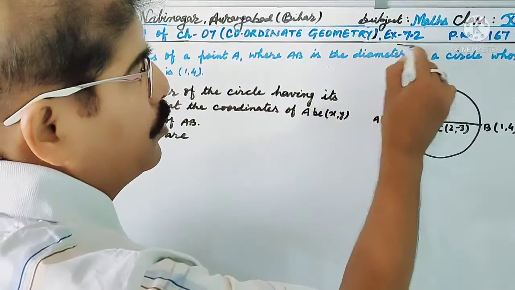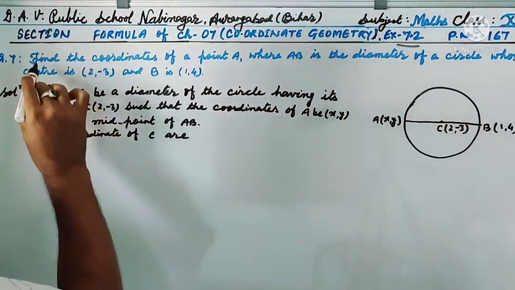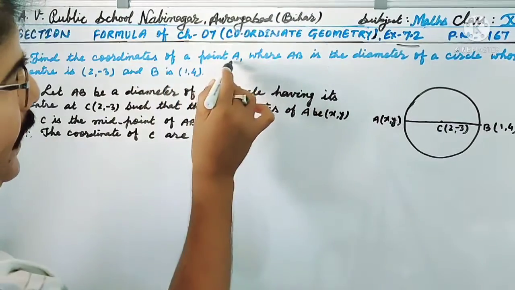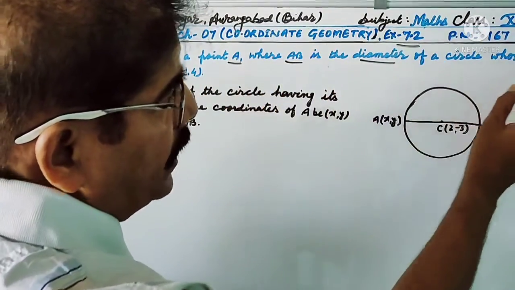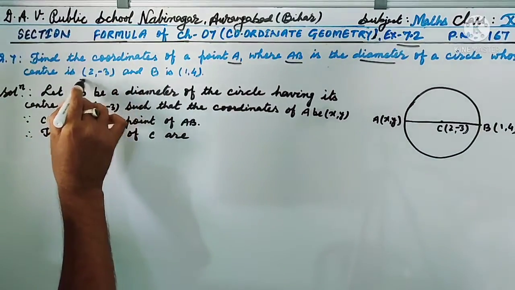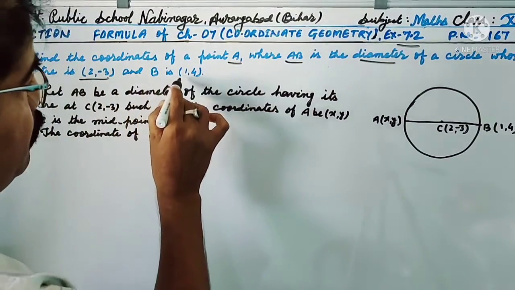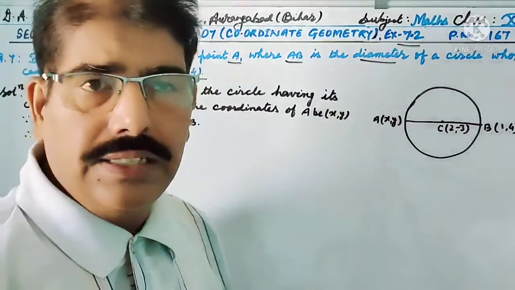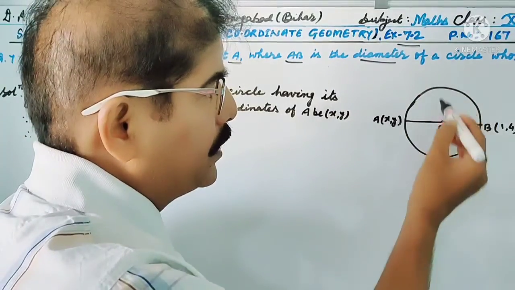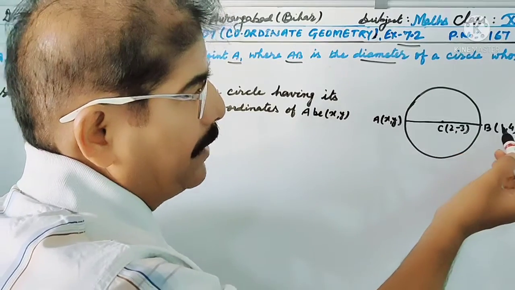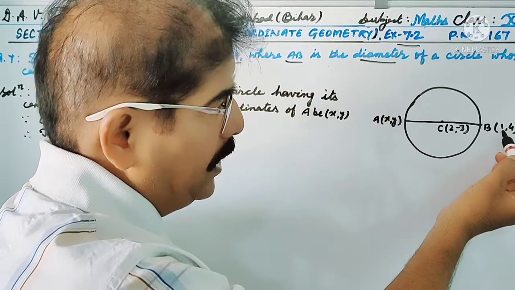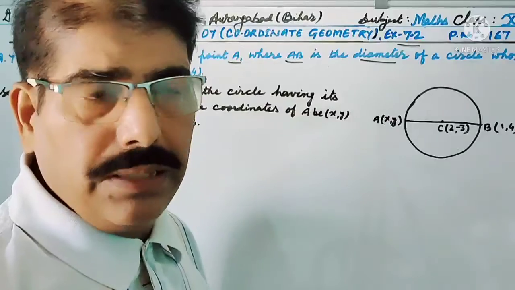Exercise 7.2, question 7: Find the coordinates of point A where AB is a diameter of a circle whose center is C (2, -3) and B is (1, 4). Dear students, a circle with center C whose coordinates are (2, -3) and B whose coordinates are (1, 4) is given.